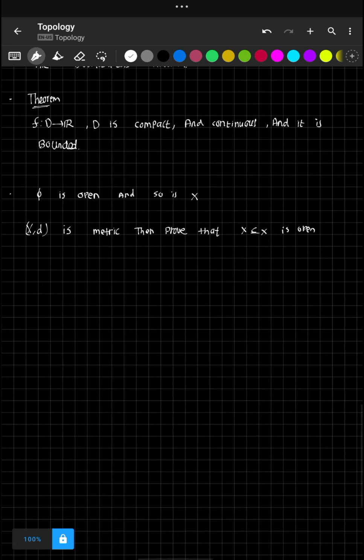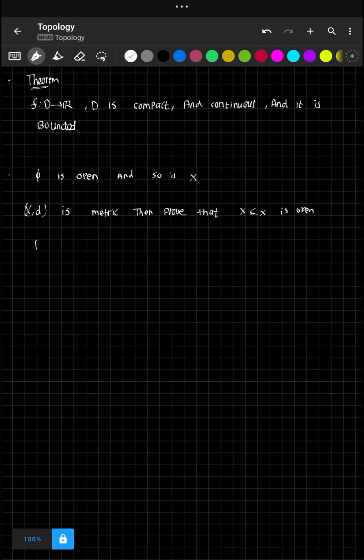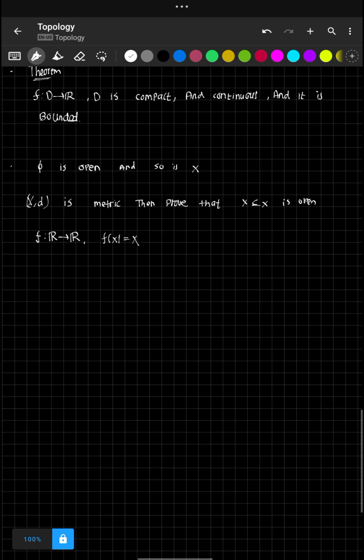And since X is open, you can consider this function. And is this defined on a closed set? Yes.